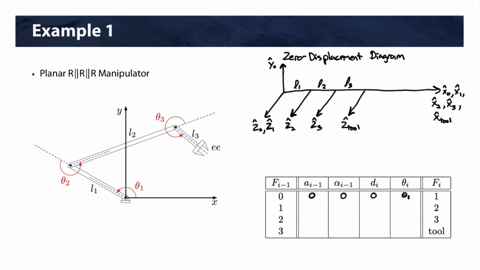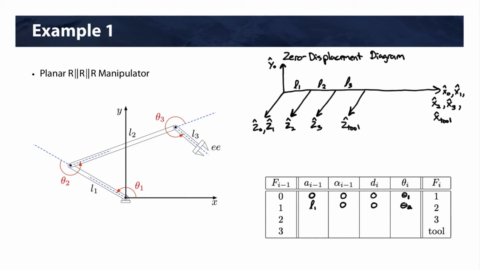Now we're going to go from frame 1 to frame 2. a i minus 1 is the distance between z's measured along x. So that distance in this case is going to be L1. The angle between z axes, well, they're parallel, so that's 0. There's no distance between x's, so that's 0. And then we're going to have theta 2.